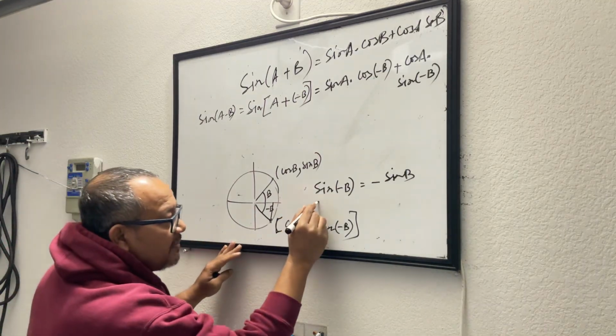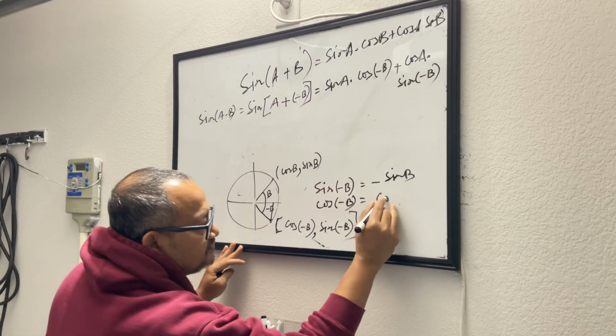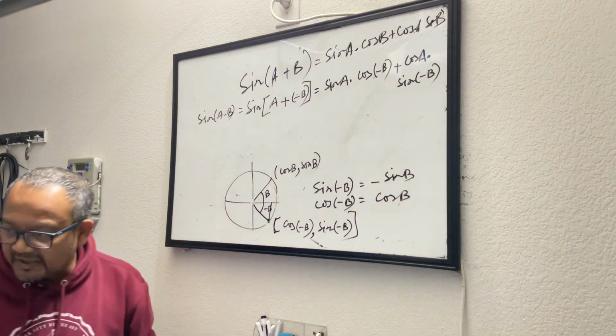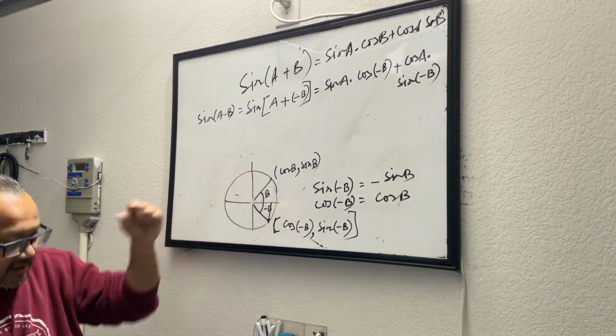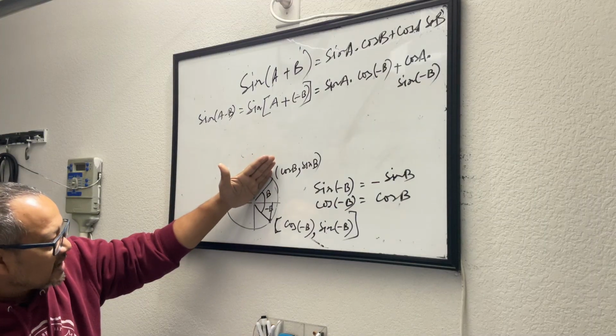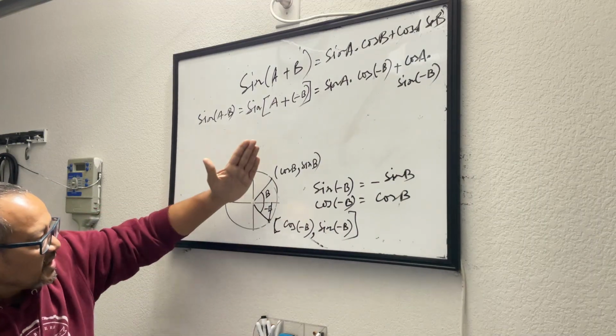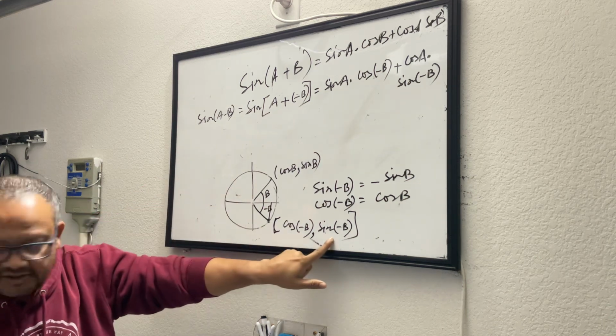And we saw that my x coordinate doesn't matter. B or minus B. Again, take a picture of this in your mind. Plus angle B, angle minus B. For angle B, x and y coordinates are this. For angle minus B, x and y coordinates are this.